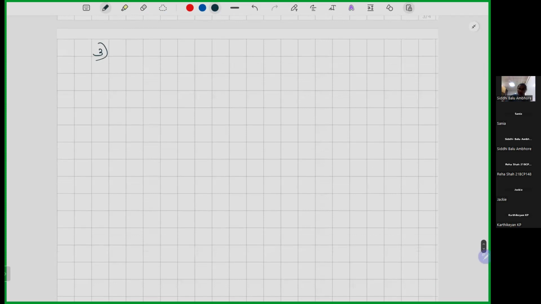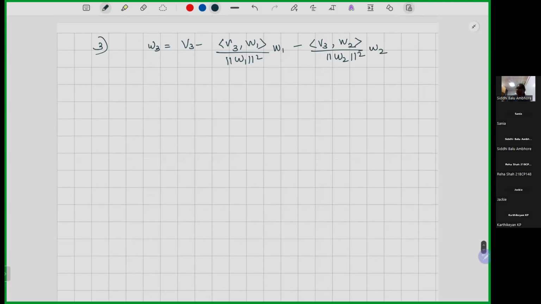So this is just calculation. You just have to understand the method and go on calculating, and we will get this. And the last one is gamma 3, or W3. W3 is V3 minus the inner product of V3 and W1 by norm W1 squared, W1, minus V3 and W2 by norm W2 squared into W2. We will calculate this separately.